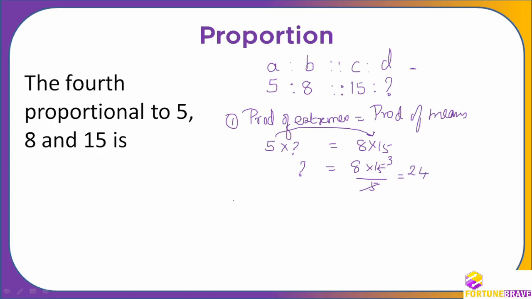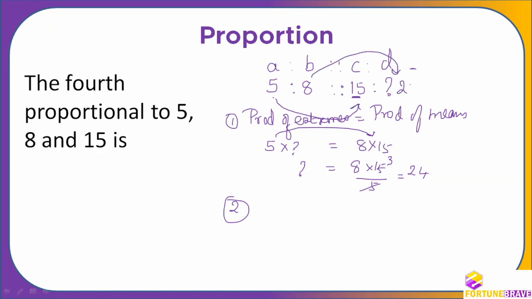This is one way. The second way I mentioned: normally the third is a multiple of A, the first proportional. Almost every time it is a multiple. It is possible that it is not a multiple, and in that case we solve the first way. If it is a multiple, then 5 into 3 is 15, so 8 into 3 is 24.